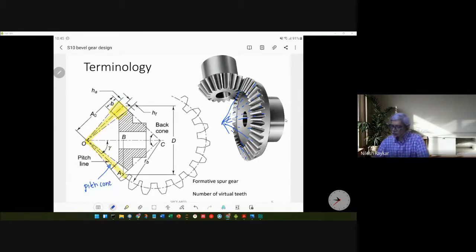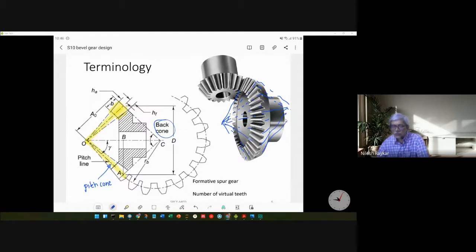Similarly, if you extend the back side of the gear tooth, they too will converge into another conical surface, and that surface is known as the back cone. So these are two terminologies. We use the back cone for converting the bevel gear into its equivalent spur gear.